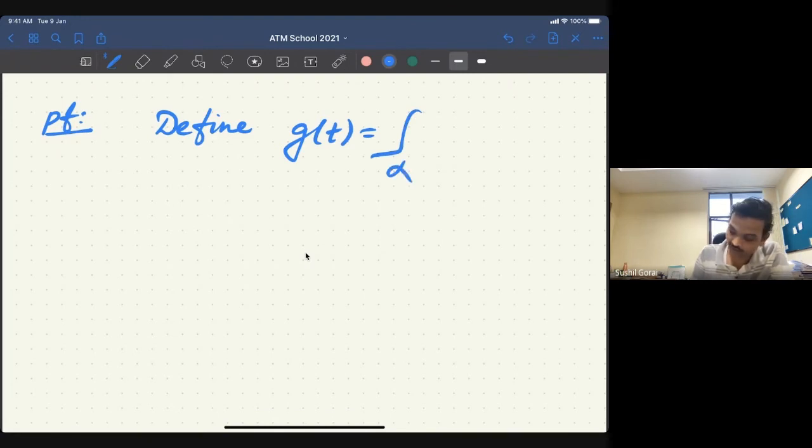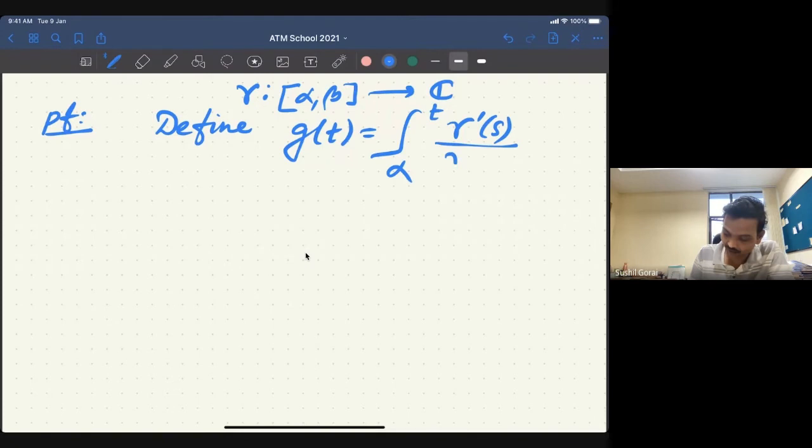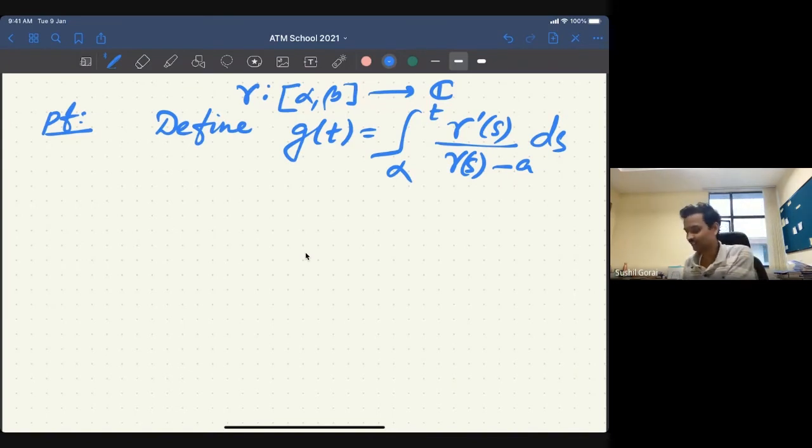So if gamma is from alpha beta to C, then you define g(t) to be the integral from alpha to t of gamma prime s by gamma s minus A ds. Okay.